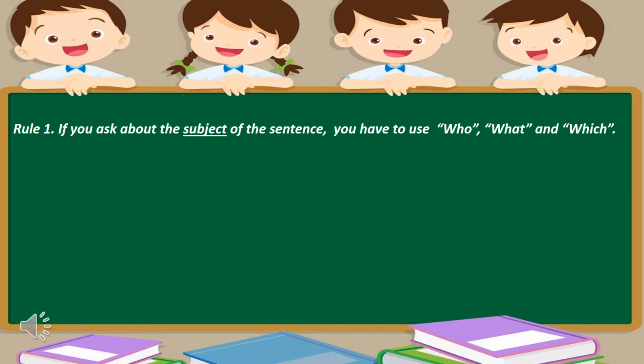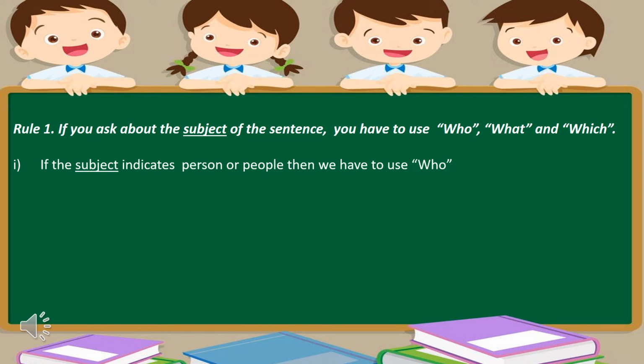One is subject and another is predicate. So when you want to form a WH question about the subject of the sentence, you have to put who, what, and which.